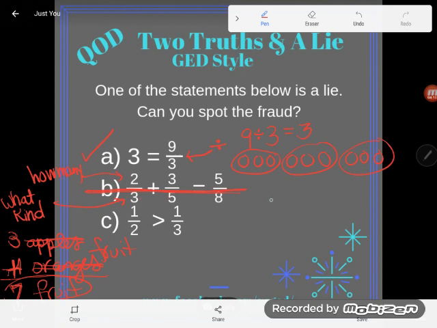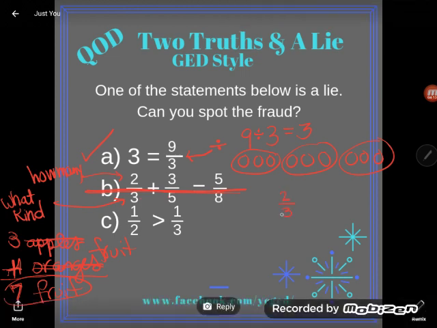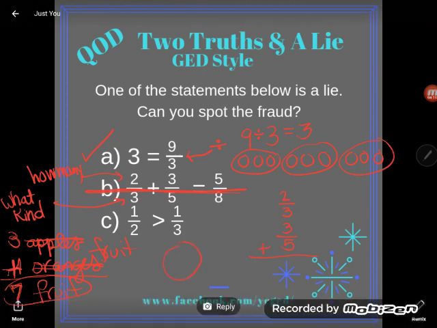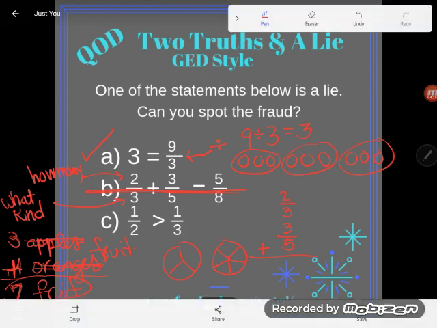Again, if you wanted to do that, I'll do it over here. The rest of you can just skip right through this part if you don't want to talk about adding fractions today. But if I really wanted to do that, I'd have to think about thirds and fifths. And the first time I could cut thirds and fifths into the same number of pieces. Well, I could certainly do that.